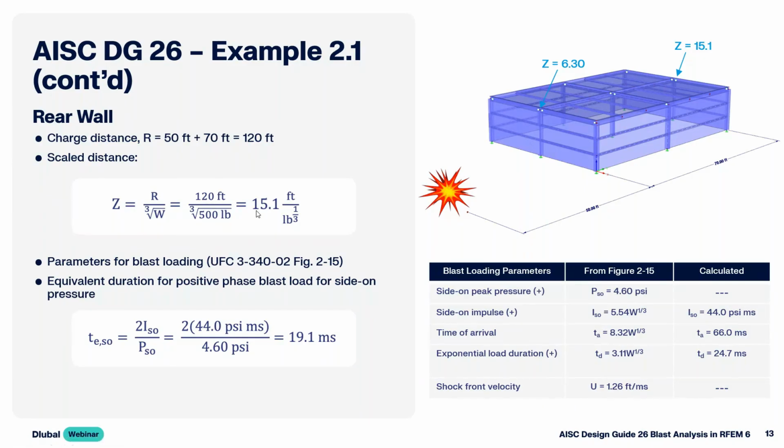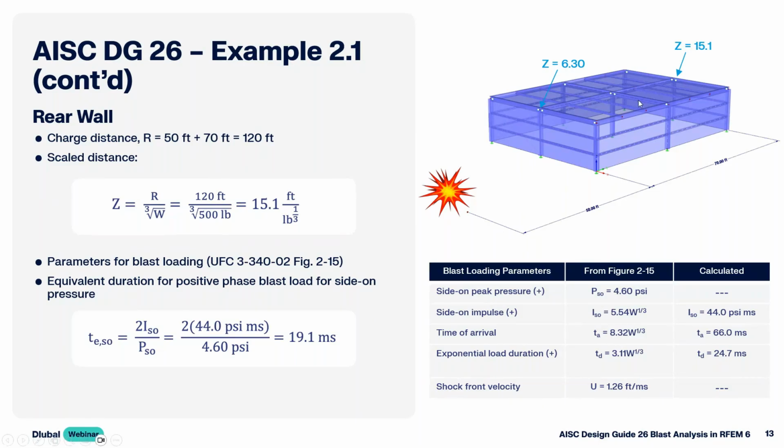So we're going to use the same UFC Figure 2-15 here. We're going to plot our Z value, and we're going to get the various parameters now for our rear wall presented within this table. Again, the positive phase duration, but you'll notice that I did not list any of the reflected pressures or the reflected impulses.